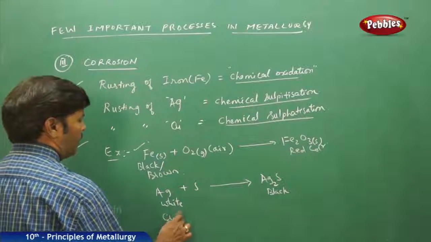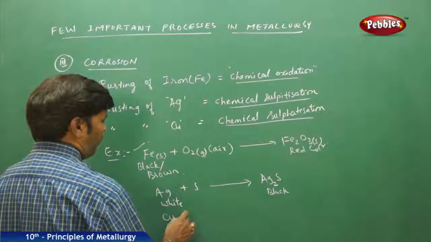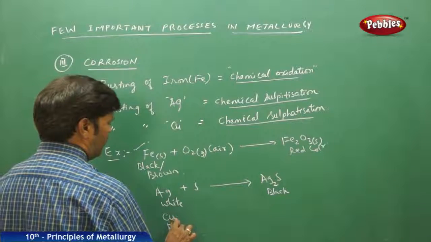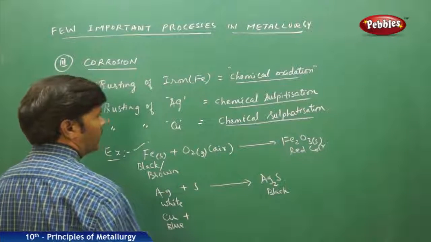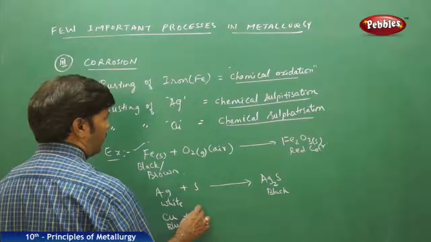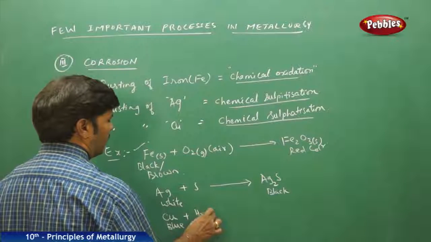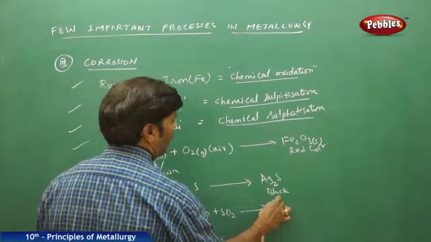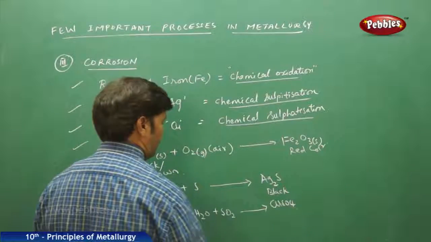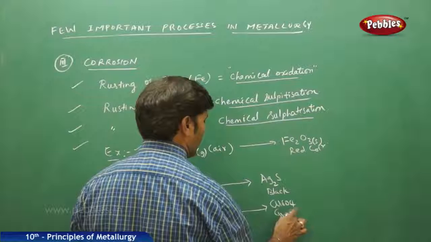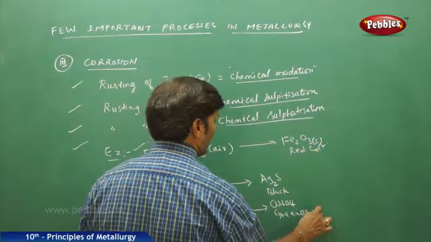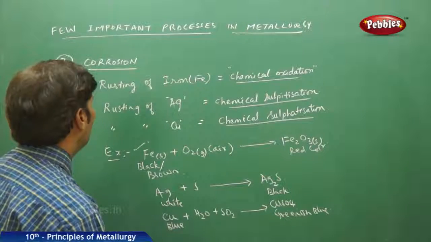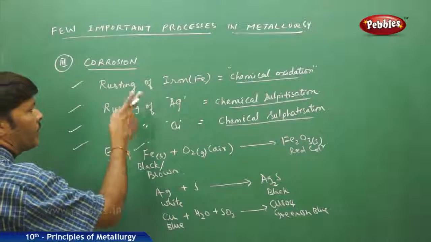Similarly, copper is blue, but when it comes in contact with water and sulfur or sulfur dioxide, it forms copper sulfate. This is greenish blue color. So that means here corrosion is of different forms.